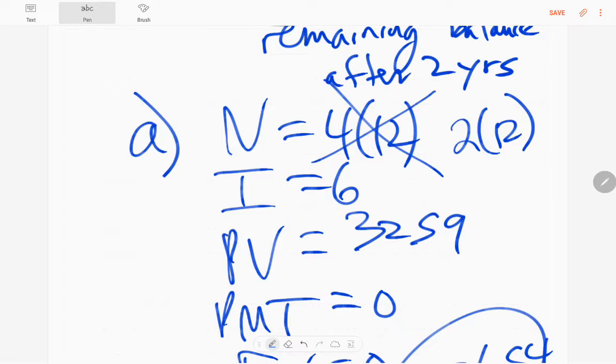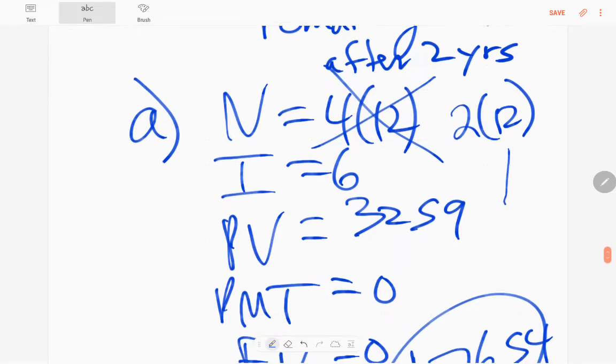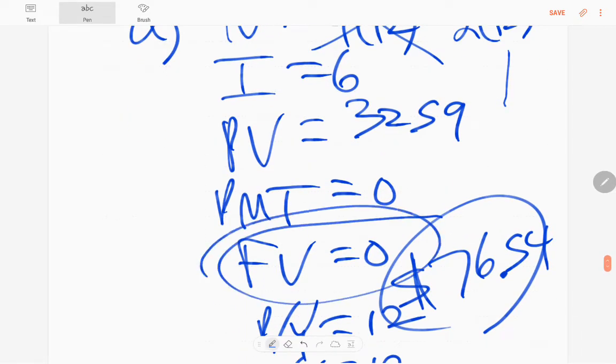Because we're trying to figure out what the future value is after 2 years. And your answer is the future value when N is 24. So go ahead and put in 24 for N and then go back to future value. It's going to change from 0 to something else. And mine changes to this.